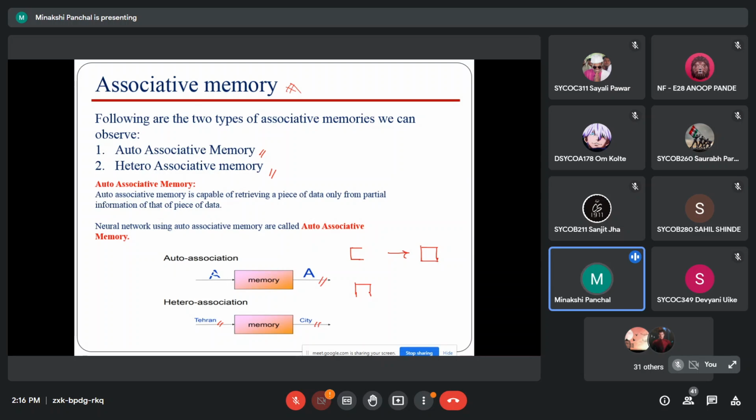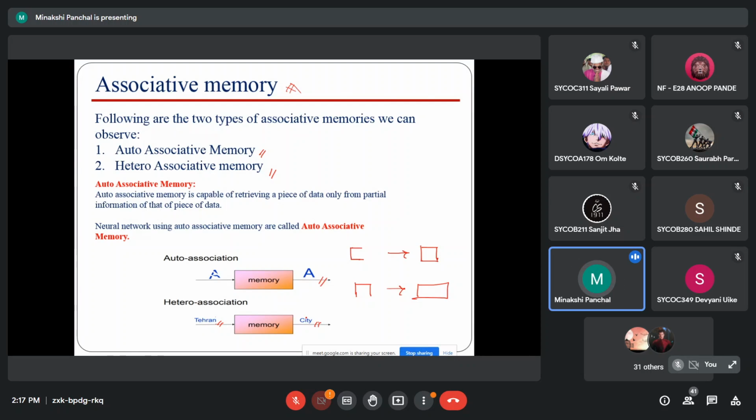Now, this part you are giving, and you get the output as this one. So this is hetero. The city name is Tehran, and you get different names that are under the city name. So input and outputs are different here. What is this? This is a category. Tehran comes under the city.